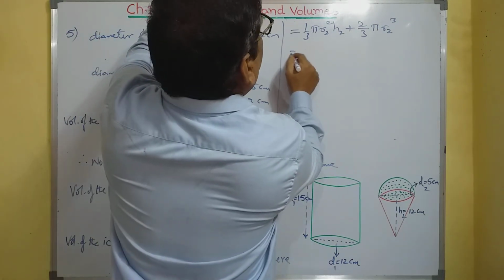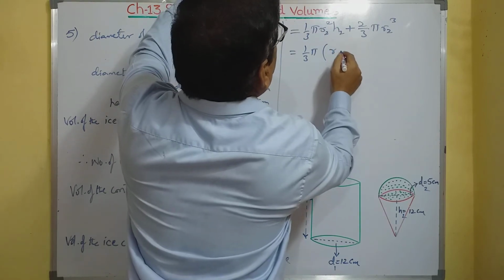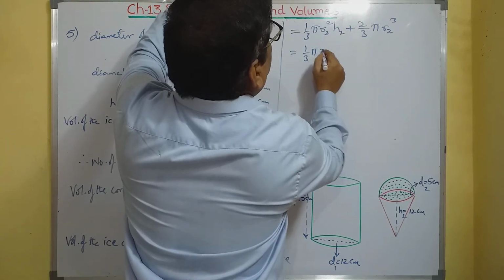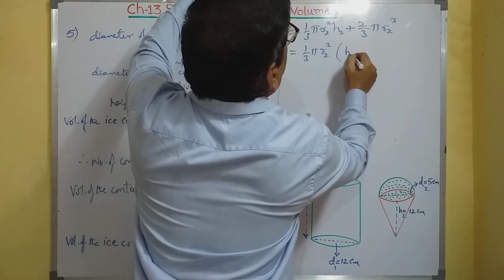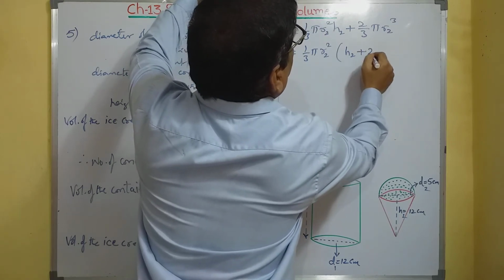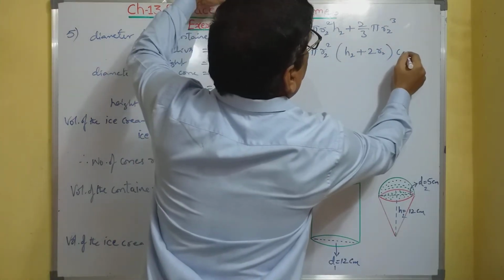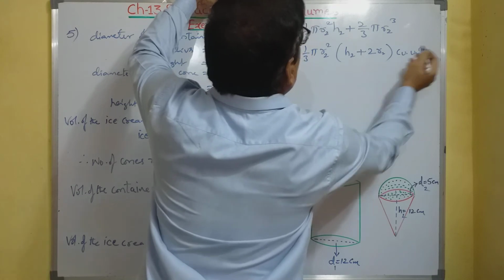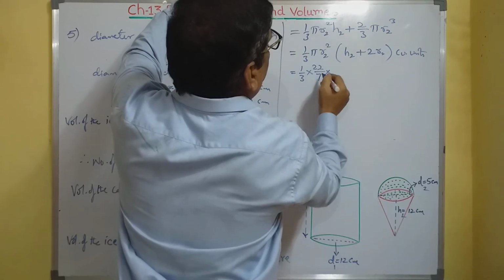Okay, now let us take 1 by 3 common and pi common, and r2 square we can also take common. Here we get h2 plus 2 r2, in cubic units. Now let us substitute the values: 22 by 7 into r2 square.